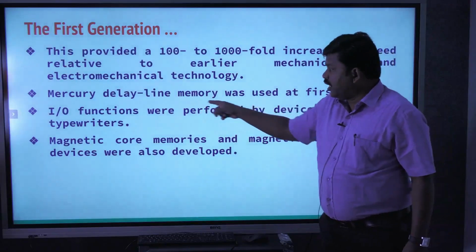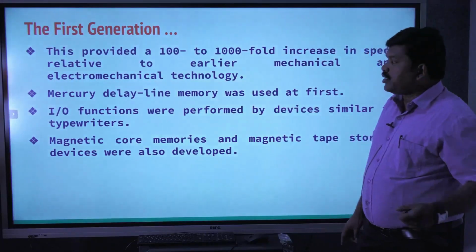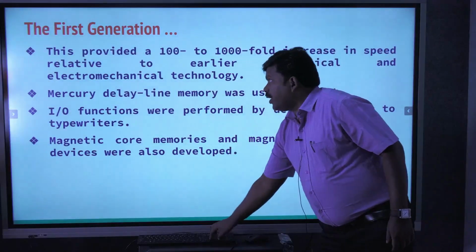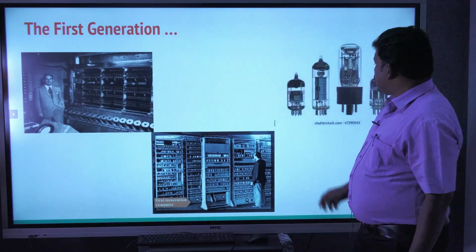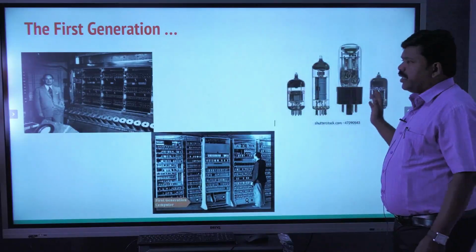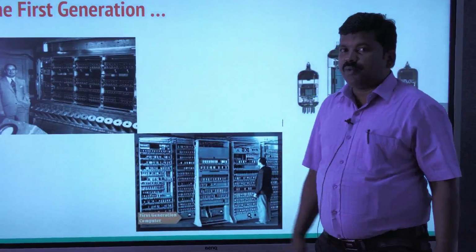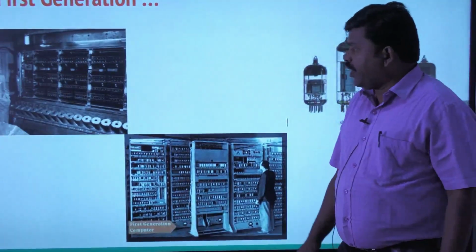Mercury delay memory was also used. All the operations were performed using vacuum tubes. These are some examples of vacuum tubes earlier used in the processing system. This is the first computer built with the help of vacuum tubes.